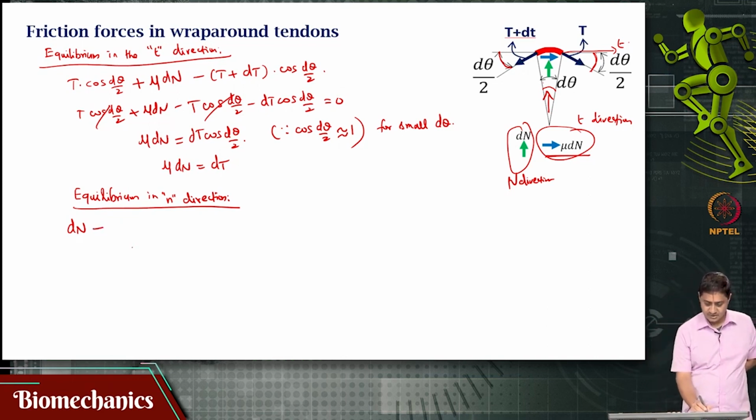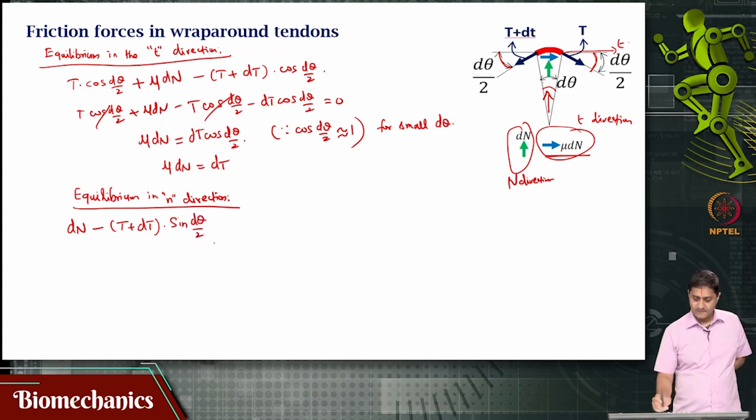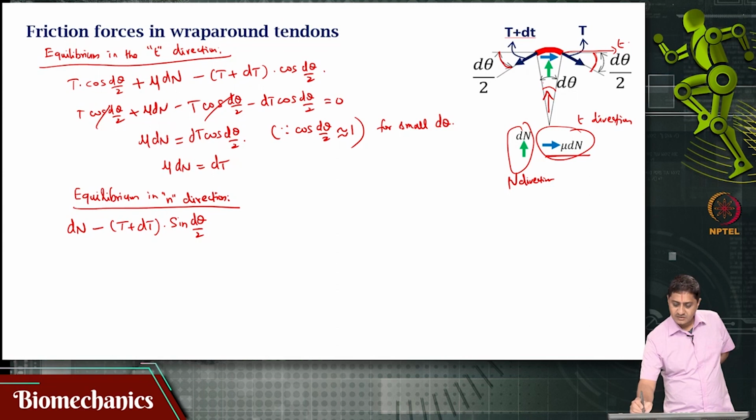minus (t plus dt) times sin d theta by 2, because of this force, is it not? This is the component of t plus dt in the negative n direction. This is the plus n direction and this is the plus t direction.